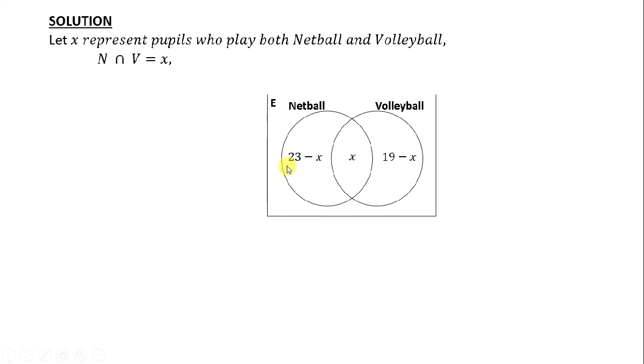But when we add 23 minus X plus 19 minus X, we are supposed to get the total number of pupils, which is 30. So let's do that. We are going to say 23 minus X plus 19 minus X is equal to 30.